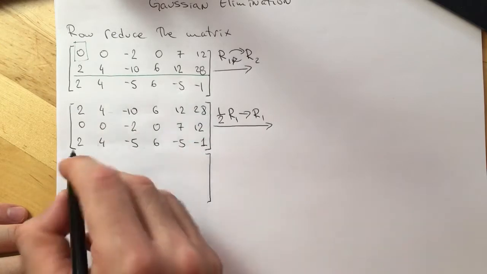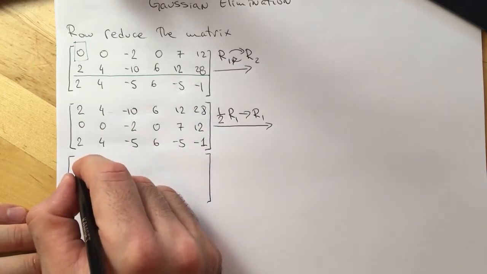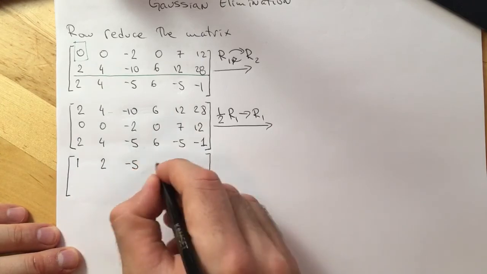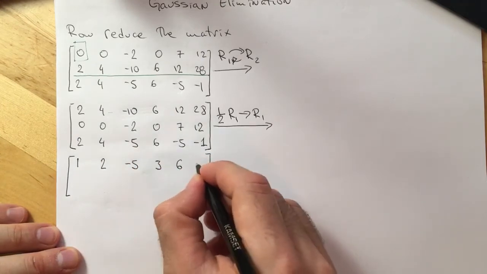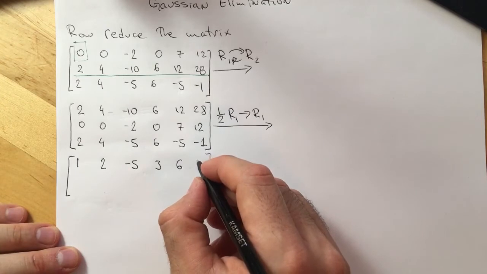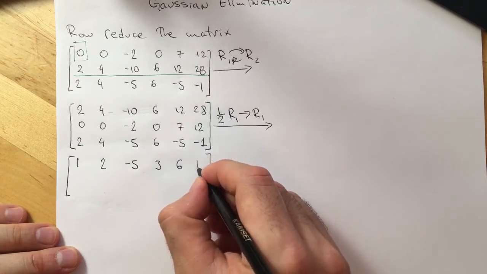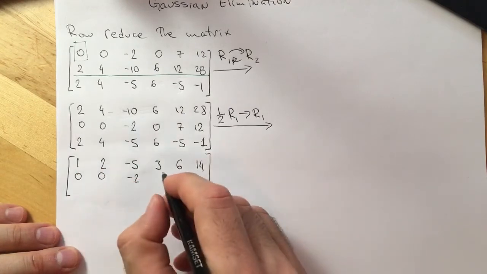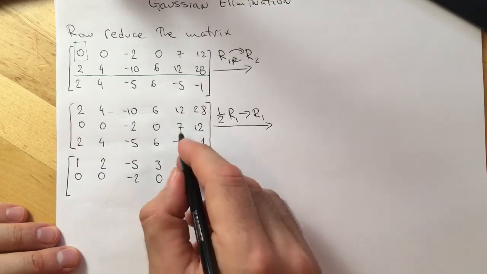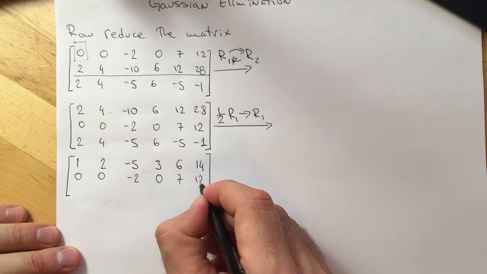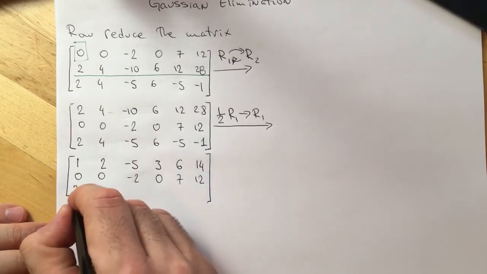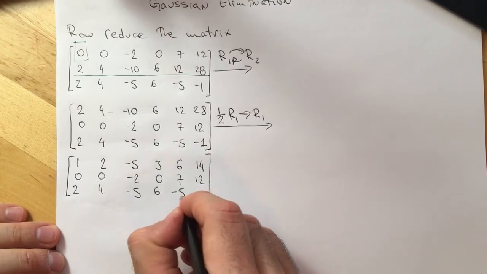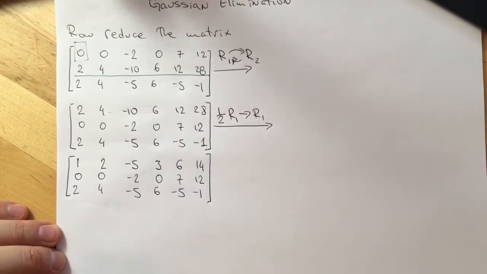So the first row divided by 2: 2 divided by 2 is 1, 2, -5, 3, 6, and then 14. And here I have 0, 0, -2, 0, 7, 12, 2, 4, -5, 6, -5, -1.